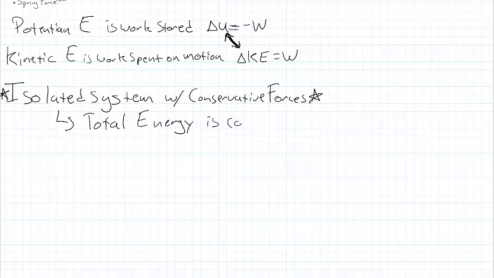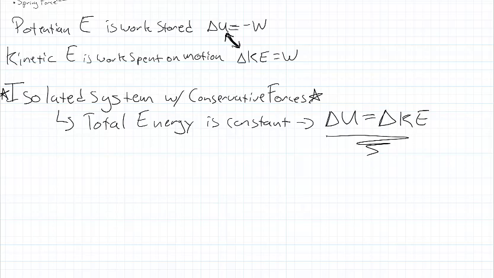So our total energy is constant, which means any change in potential energy that we have in our system comes from a change in kinetic energy. And we can break this up a little bit more to get to a point where we can start to relate our energy in different states of our system.